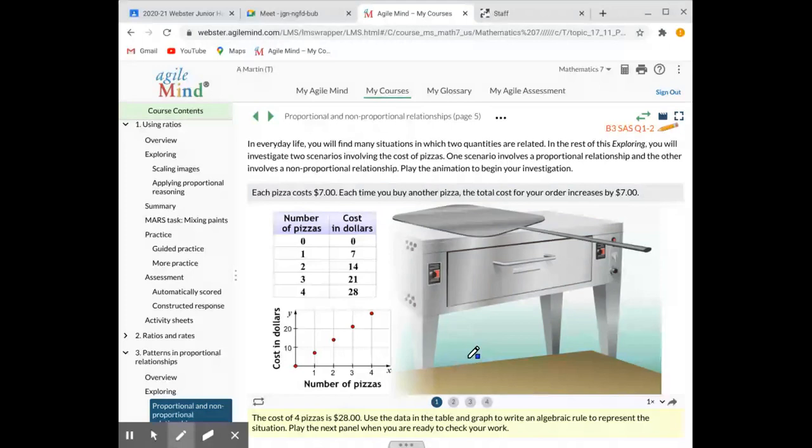I'm looking for an equation or a rule to show that each pizza that we buy costs $7, no matter how many pizzas we buy. We'll always be able to figure out the total cost. Good. Times X. Good job. Y equals 7 times X. Great job. Let's check our work.